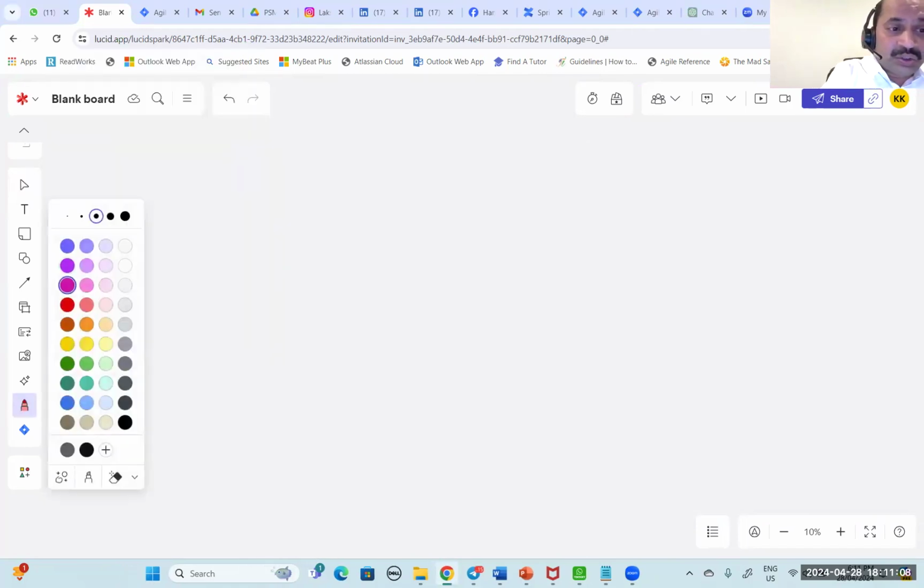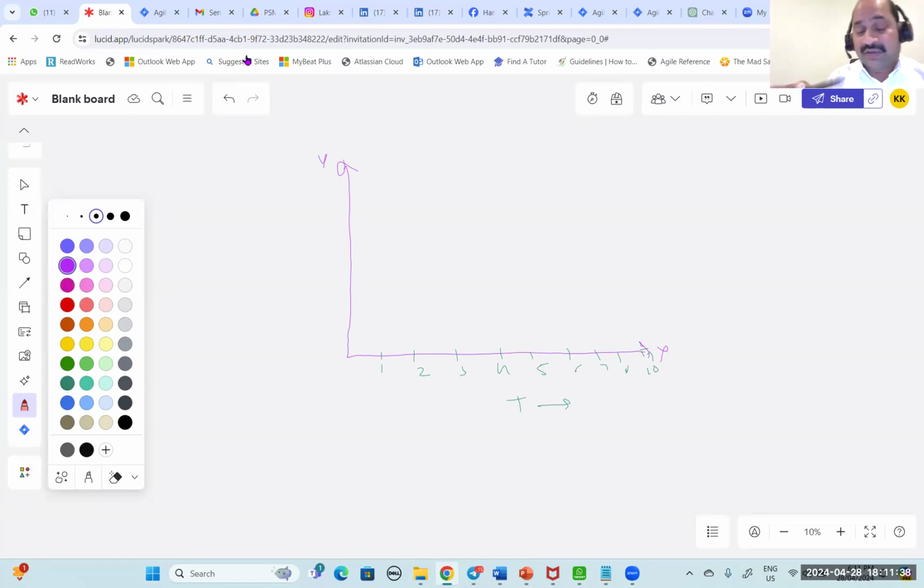Let me show you a chart here. For example, this is the x-axis and y-axis. For the burn down chart, the x-axis is the time duration, so we say day 1, 2, 3, 4, 5, 6, 7, 8, 9, 10. The y-axis represents the number of story points, or how much effort.